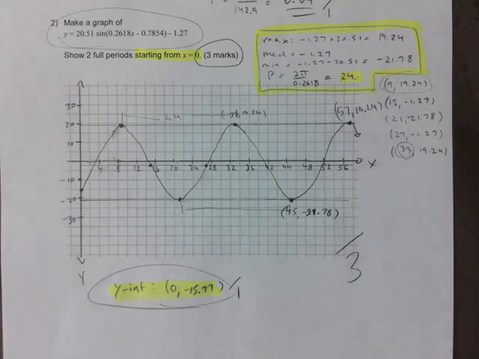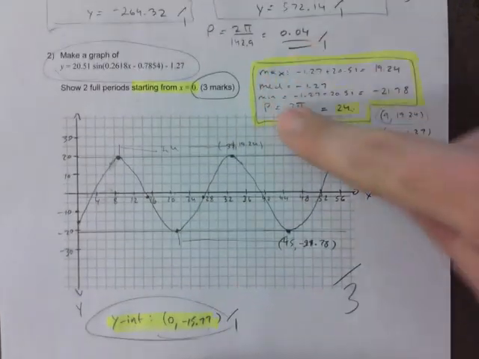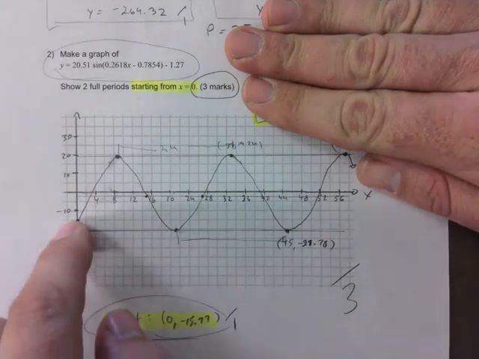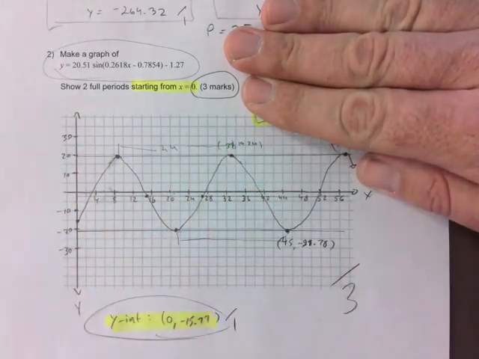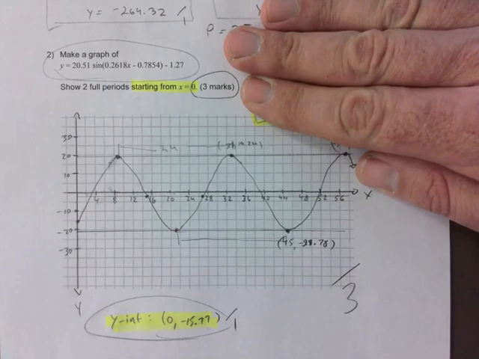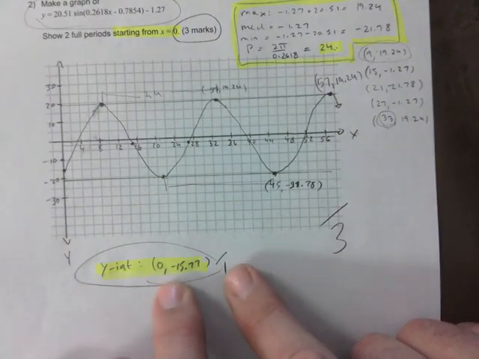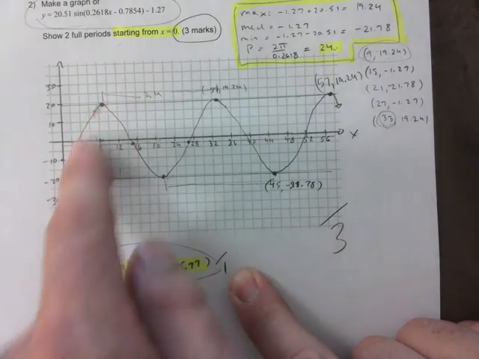Sinusoidals are tricky to teach, because there are various methods. To be 100% honest, you could have none of these points written anywhere, none of this work. You just literally have the points where they're supposed to go on your graph, and you get full marks on the exam. What I mean by this is you only lose this mark if you didn't start there.